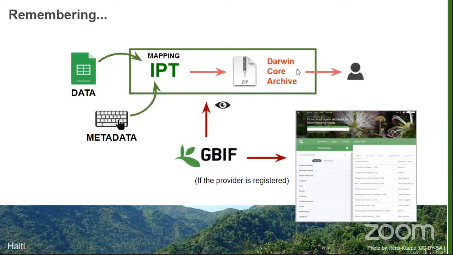So with this scheme, once we have that publication of the data, if we are registered as a provider in GBIF, GBIF will see that we have published a new data set, will harvest it, and will show it in the GBIF portal. So this is just a reminder of the general workflow.